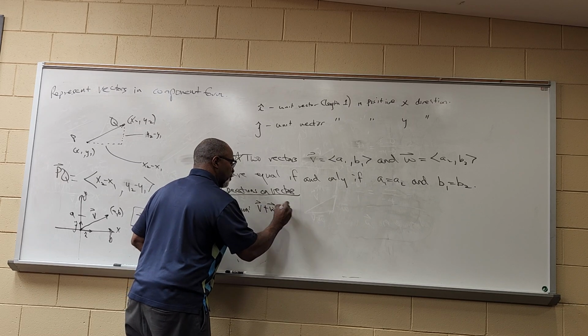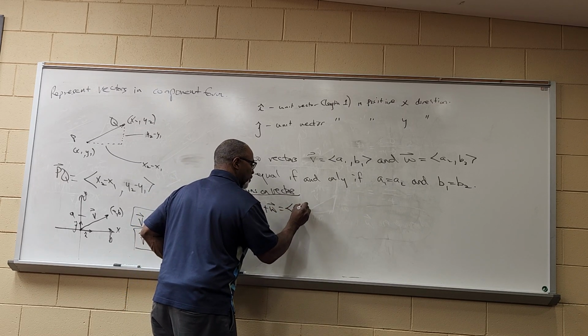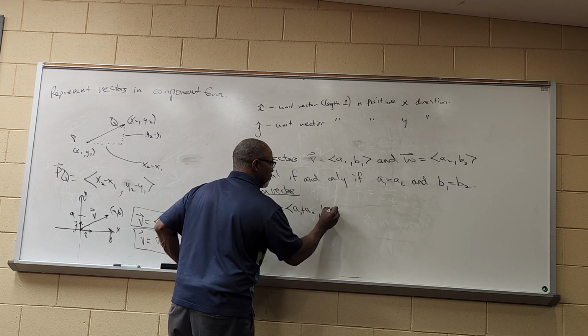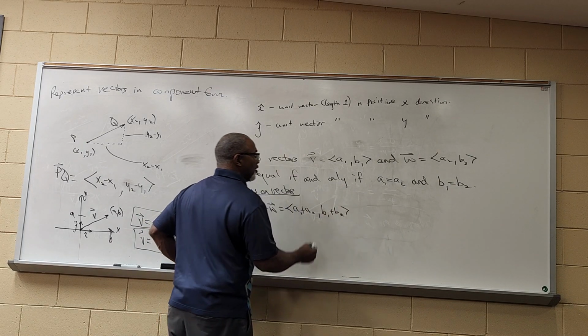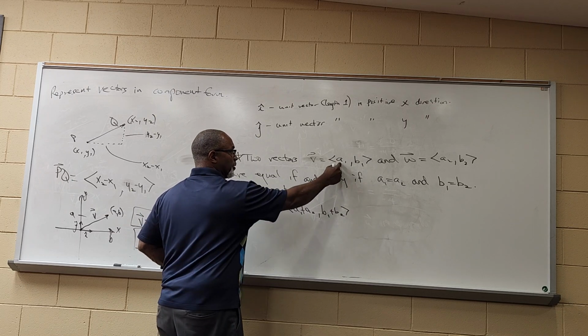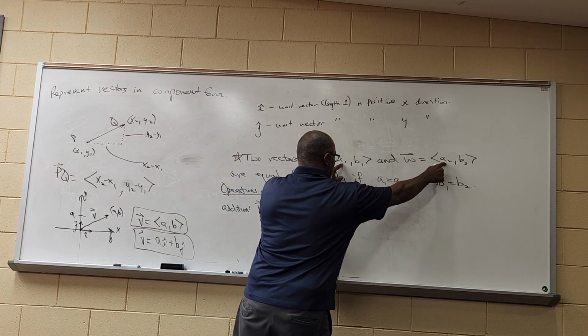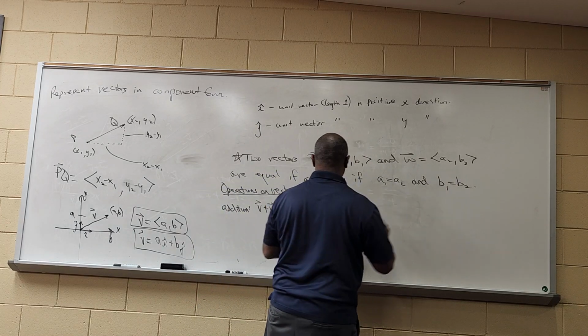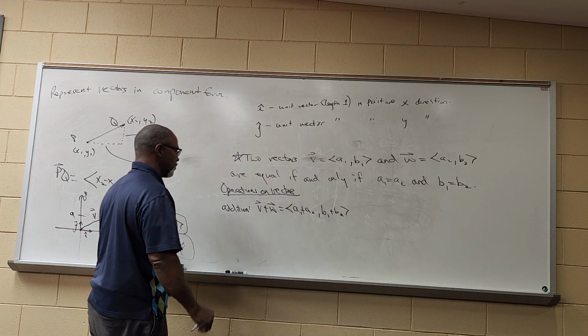V plus W would simply be A1 plus A2, B1 plus B2. So to add them, I just add corresponding coordinates. A1 plus A2 would be the new first coordinate. B1 plus B2 would be the new second coordinate.